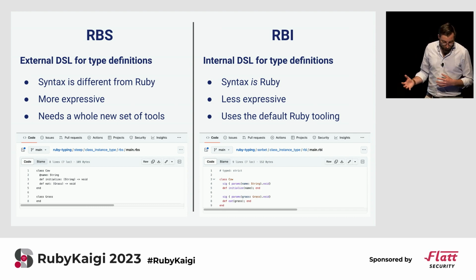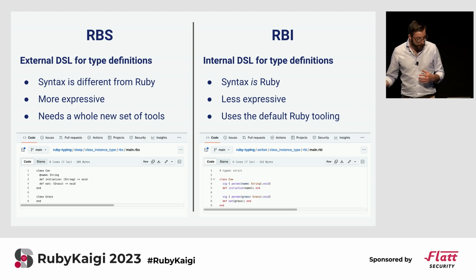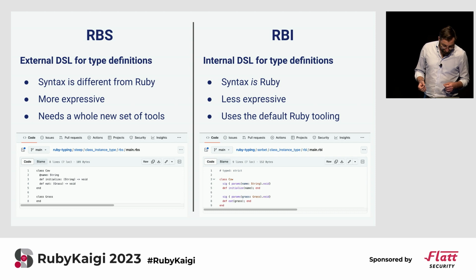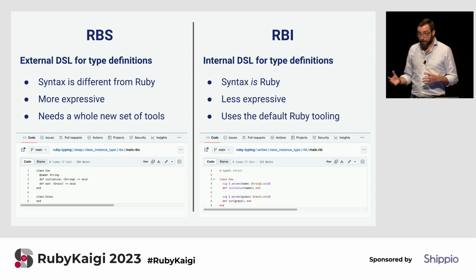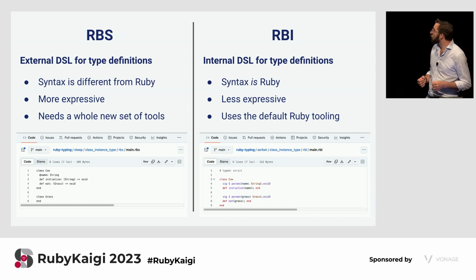It's a different language. It's much more expressive because you're not constrained by what is Ruby to actually express the types and the definitions you want to give for your program. One downside is because it's a new language, you need a whole new set of tools, for example, for your IDE to do the editing. Also, an example is on GitHub: we don't have syntax highlighting for RBS files right now.